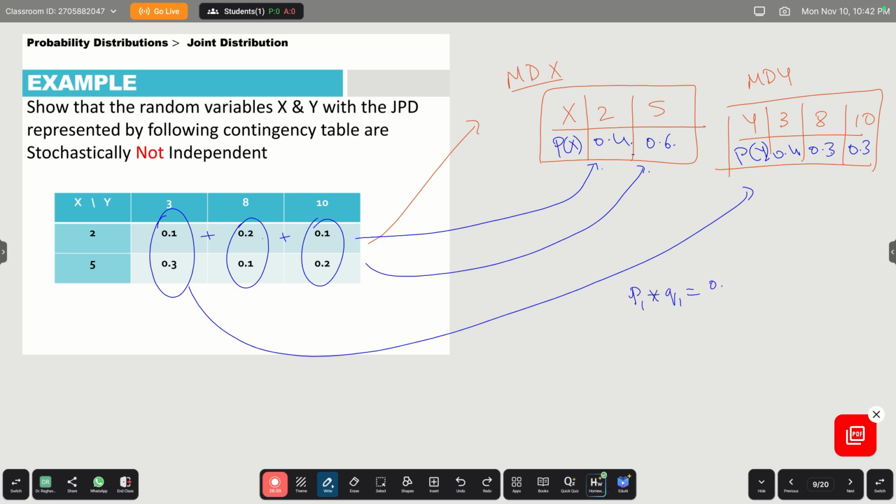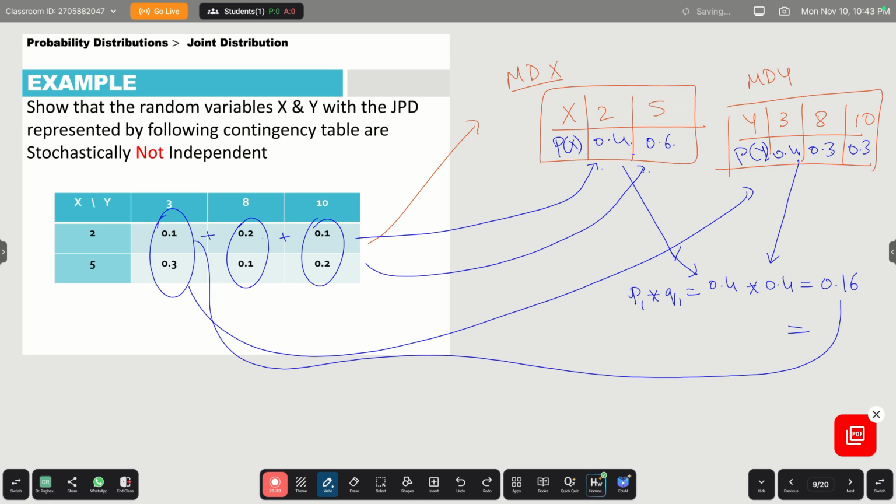P1 is 0.4, and Q1 is also 0.4. I multiply 0.4 and 0.4, and I get 4 4s are 16, 0.16. Is this the same as P11? No. P11 is actually 0.1, not 0.16.